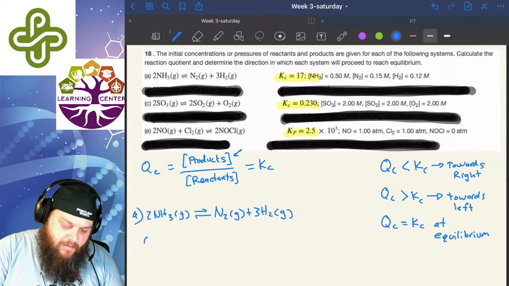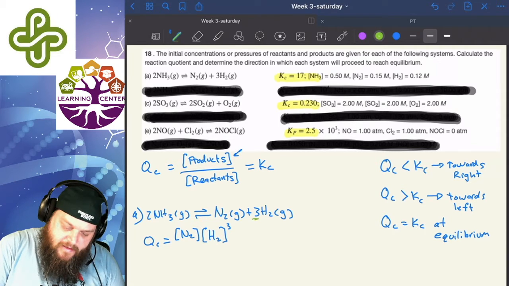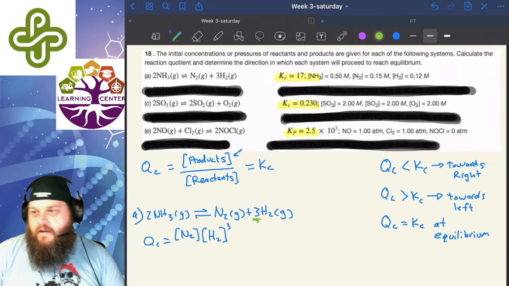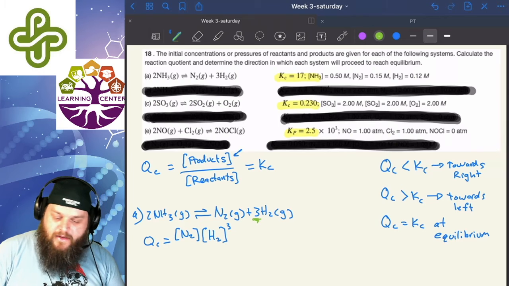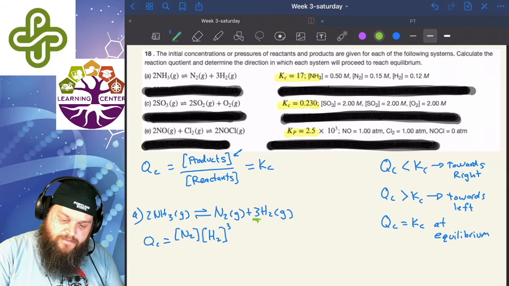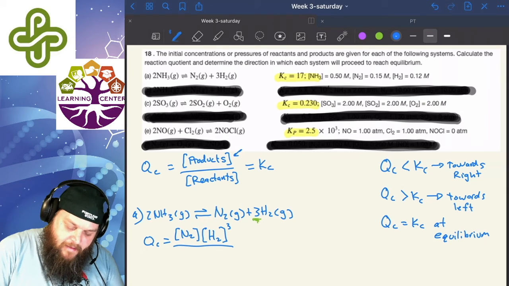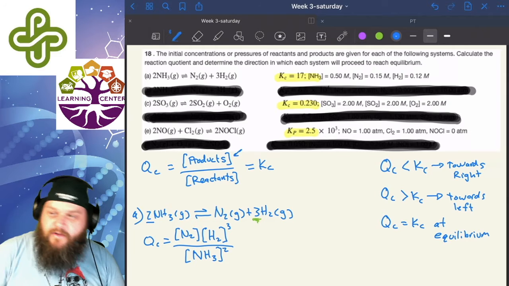So this quotient is going to be equal to the concentration of N2 times the concentration of H2 to the third power. We know that because the stoichiometric coefficient is 3, so we take that concentration to the third power, because we're really multiplying the concentration of H2 three times. And we divide that by the concentration of ammonia, NH3, squared, because there's a coefficient of 2.